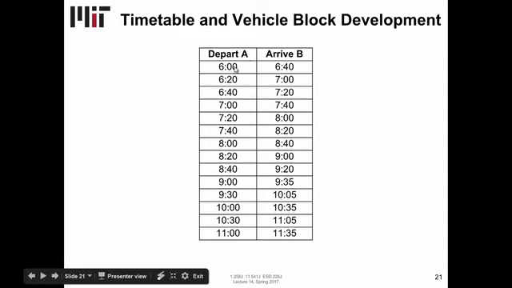As you can see, the headways from 6 to 9 are 20 minutes, and after that 30 minutes. The in-vehicle time, or running time, is 40 minutes in the peak and 35 after.